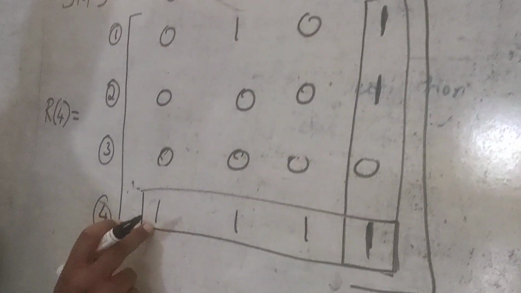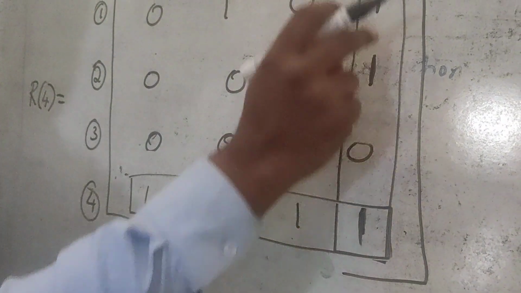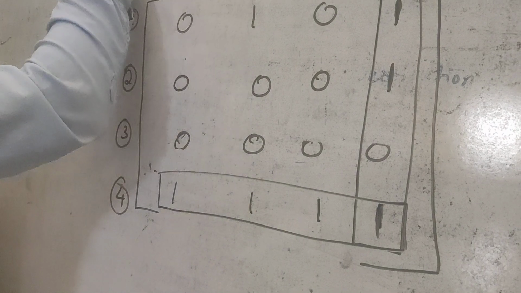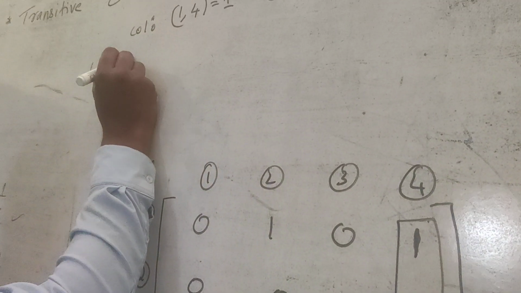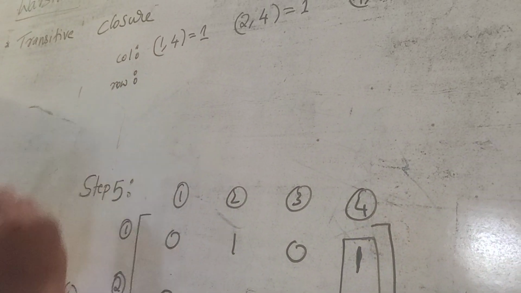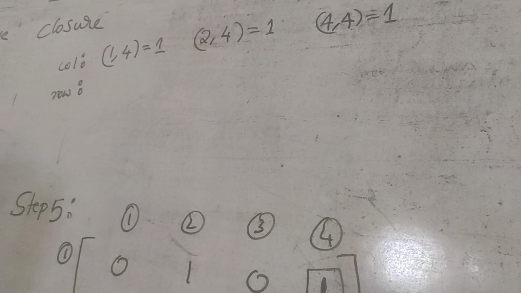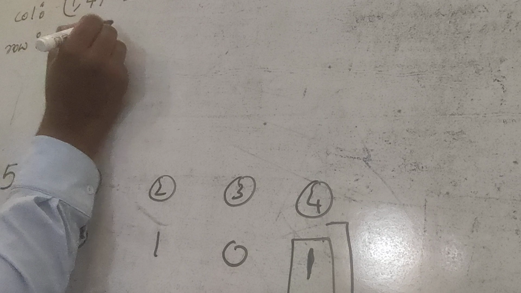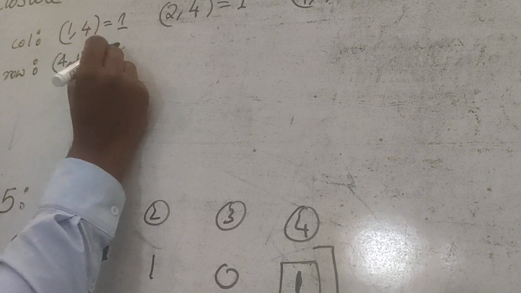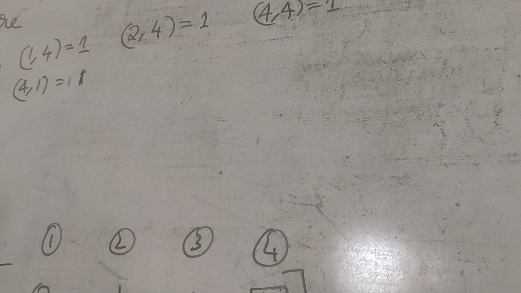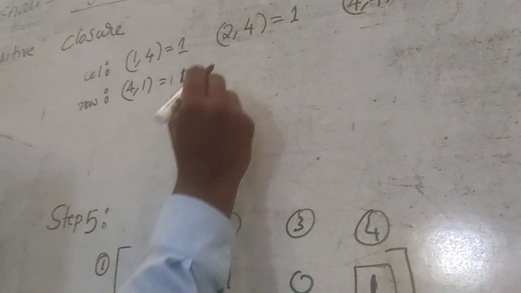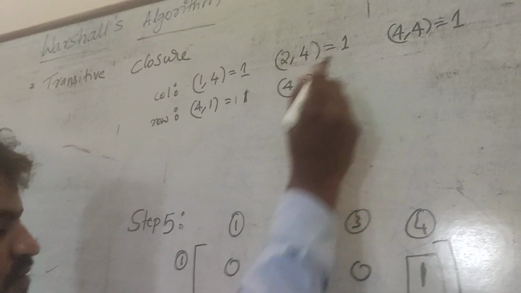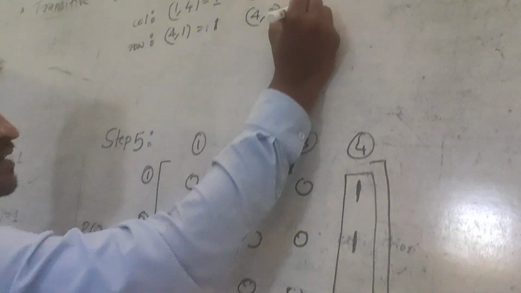Then here, consider this one. Vertical is finished. You have to see in horizontal. Then row: here 4 comma 1 combination is finished, 1 existing. 4 comma 2 is 1.